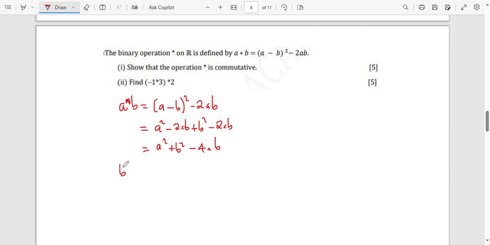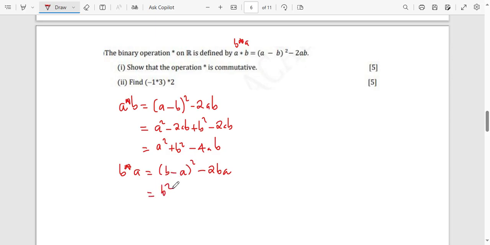Now we also want to find B star A. For B star A, we have simply changed them, so at every point where there was A, we'll put B, and where there was B, we'll put A. So in the brackets we are going to have (B minus A) squared, and then minus 2BA. Let's expand (B minus A) squared.